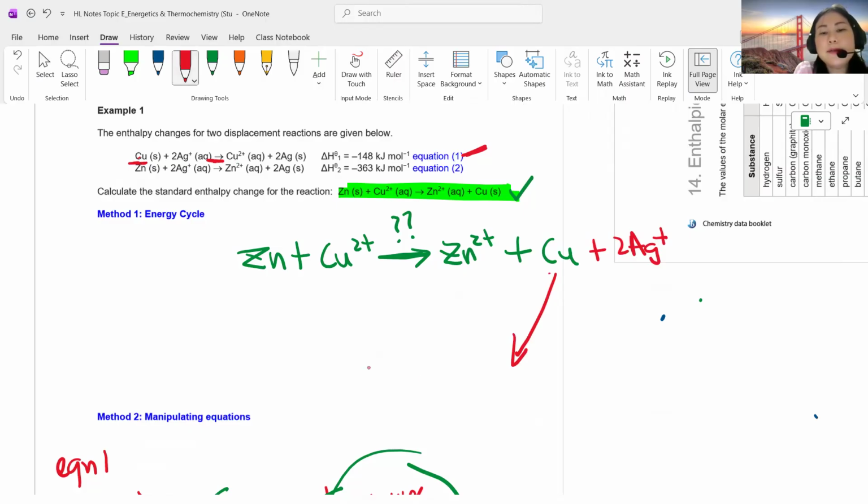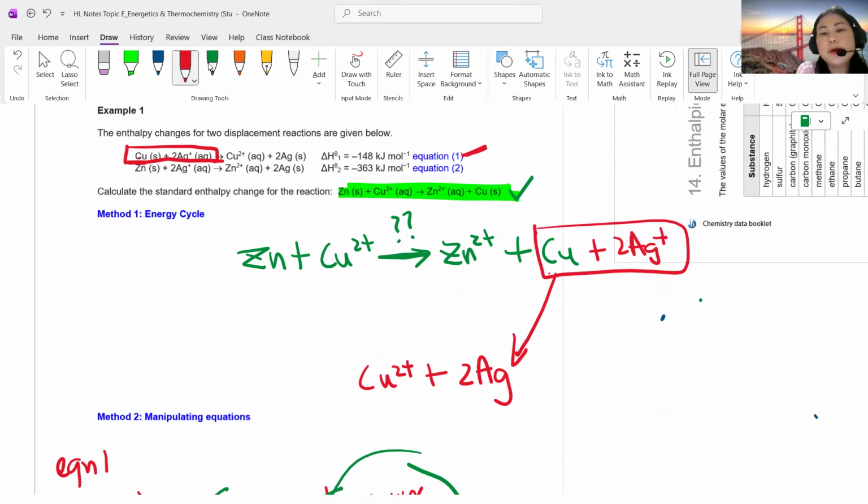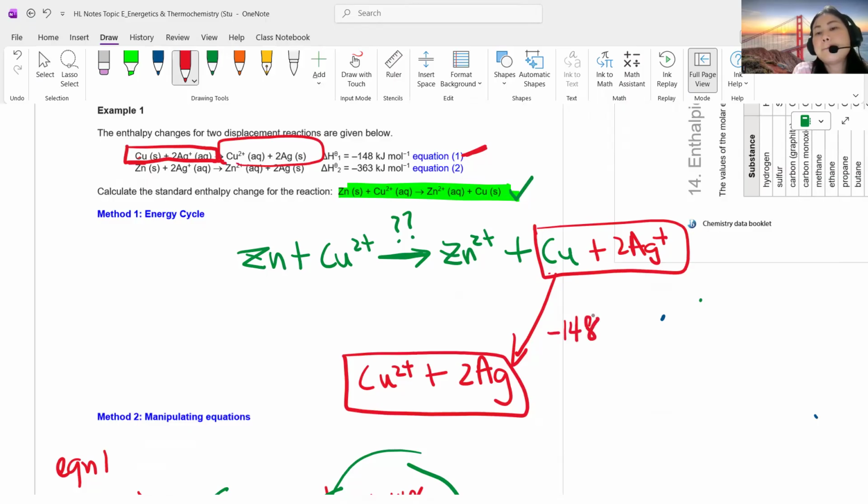After the arrow, I have supposed to have Cu2+ and 2Ag. So in other words, you can see my equation hiding here. Cu plus 2Ag+, arrow, Cu2+ plus 2Ag. So I'm hiding the equation here actually, and the value of this reaction is minus 148.